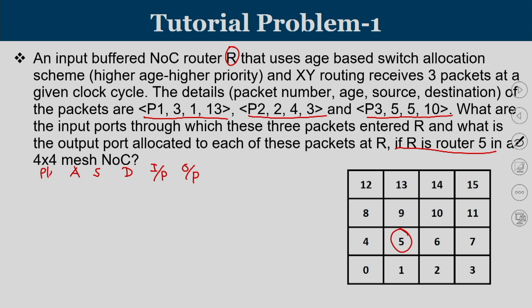This is the age and this is the packet. So, we have packet P1, its age is 3 and it is coming from 1, going all the way to 13. That is the direction of this packet. With respect to 5, this particular packet arrives through the south input port and wishes to go out to the north output port.